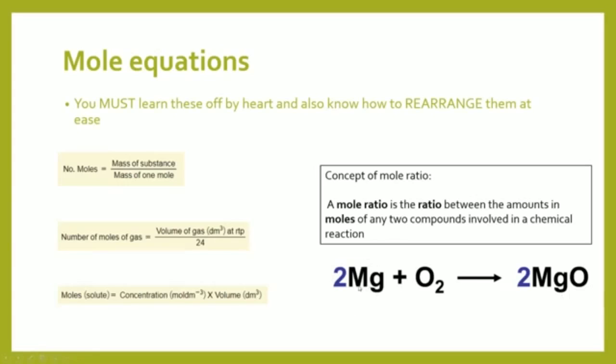If 1 magnesium mole is used, then also 1 magnesium oxide mole will be formed in this particular equation, because the ratio between magnesium and magnesium oxide is 1 to 1, or 2 to 2, which cancels out to 1 to 1. You'll understand this a bit more when we go through certain examples, but for now, please make sure that you understand these 3 formulas. We're going to go through the use of each of these formulas one by one.